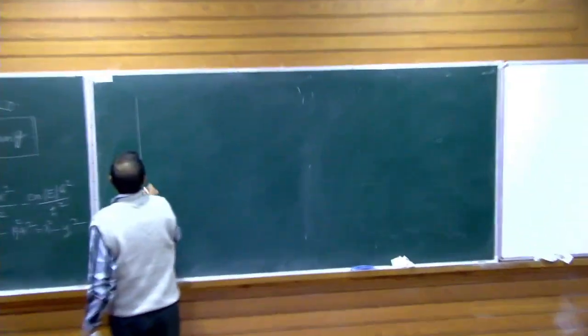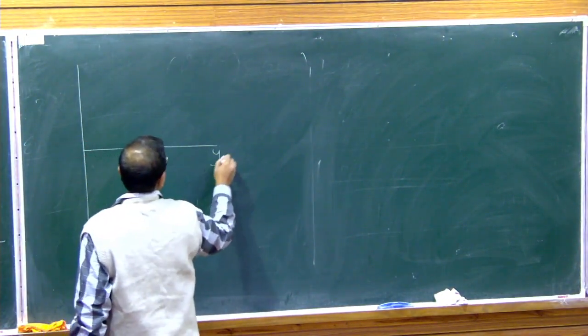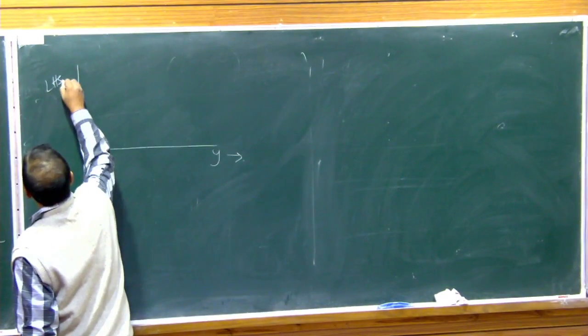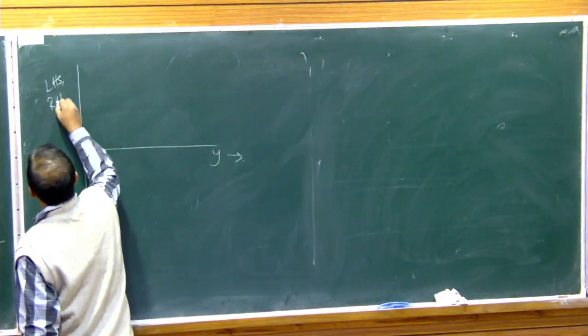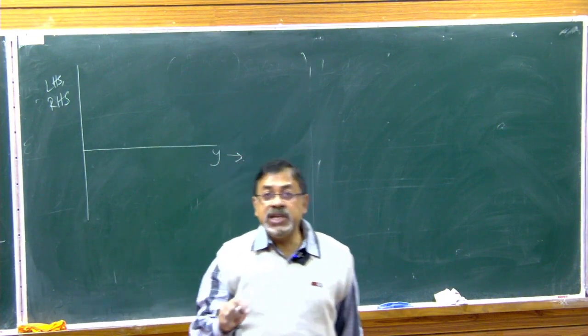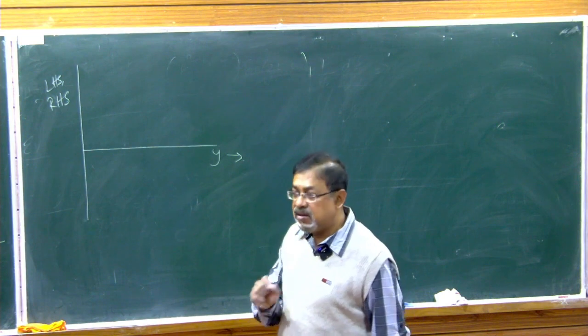So let's see how we do that. This is your y axis, and this is both LHS and RHS. Separately we'll plot them, and we want to see the intersection point of these two plots, that is left hand side and right hand side.